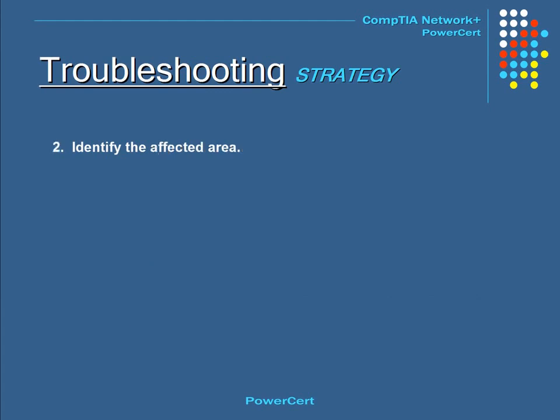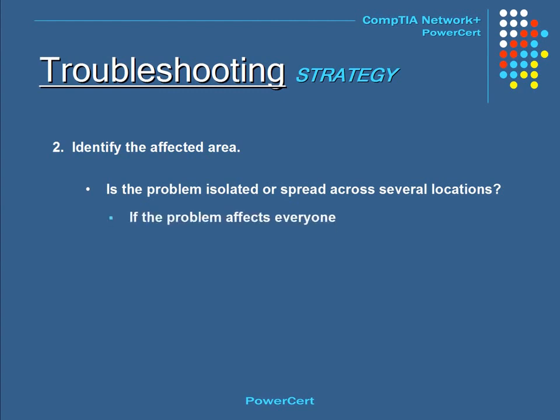And the next step is to identify the affected area. So a good question to ask is, is the problem isolated at one particular location, or is it spread across several locations? So for example, let's say that everyone on a LAN cannot access the network. So one of the first places to look would be the switch, because we all know that all computers connect to this single device.